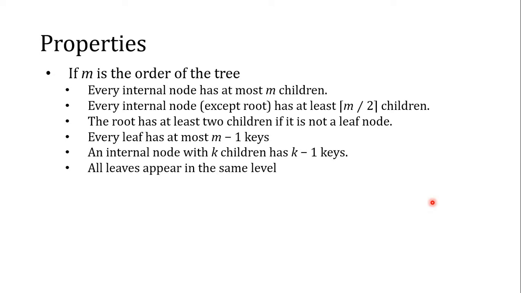So all the leaf nodes have m-1 keys at most, and if an internal or markup node has k children, it has k-1 keys, as per the rules of B tree. All leaves appear in the same level, so all the data nodes appear in the same level.